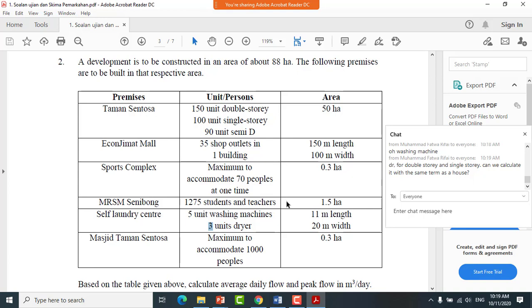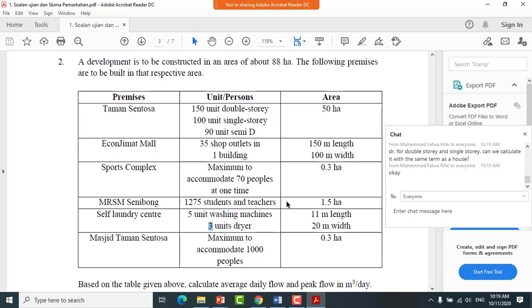For double story and single story, can we calculate it with the same term as a house? We calculate the house as a unit. Okay, we have to calculate the house as it is, as one unit.